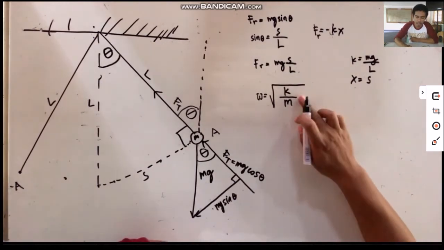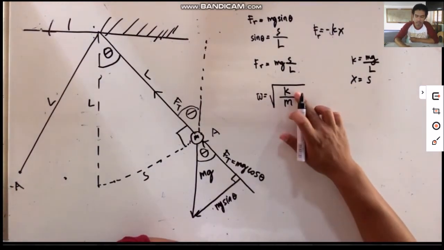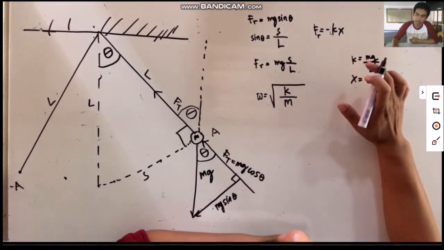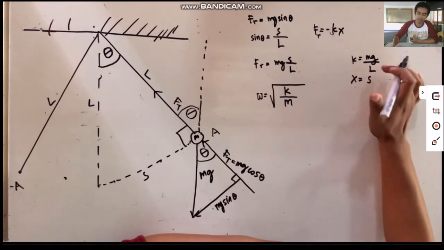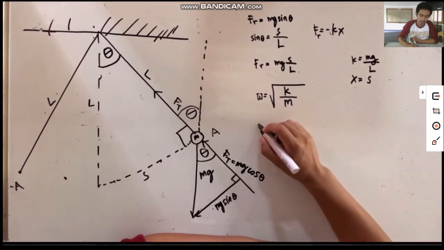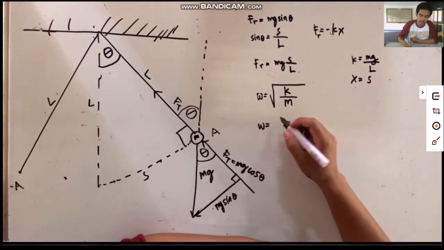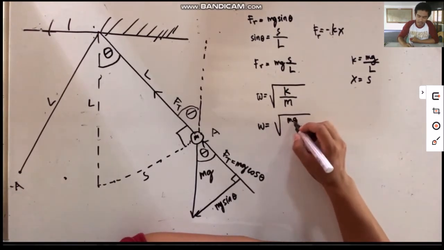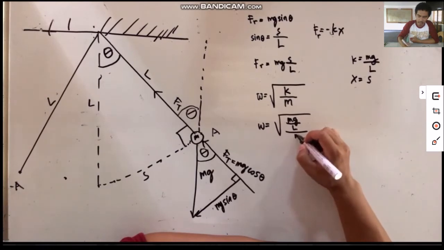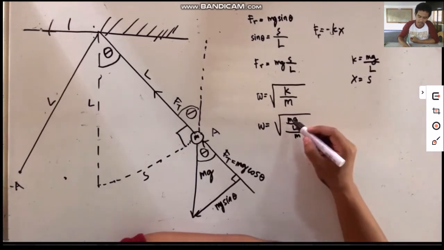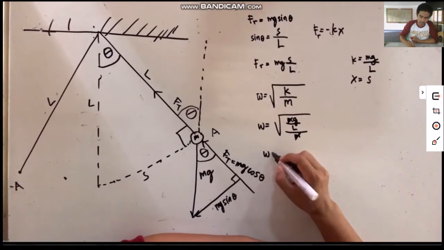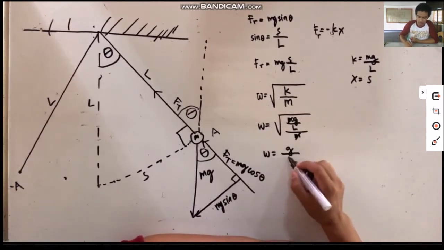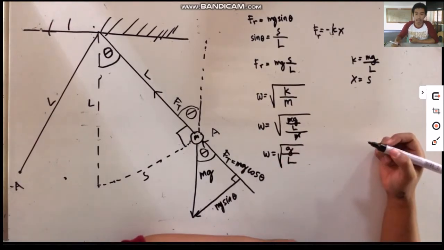So let us substitute k by mg over L. What will be the angular frequency? That is the square root of mg over L over m. So we can cancel m here. So the angular frequency is the square root of g over L.